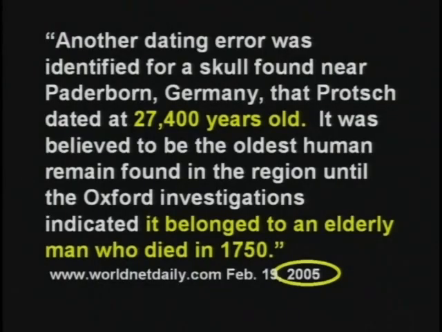Professor Protsch had said he had found the oldest German, 27,400 years old. They tested it at Oxford and said, this is an old man that died in 1750. He's 250 years old. The professor had been lying about this stuff for decades, and so he finally resigned in disgrace. Well, he should, okay?